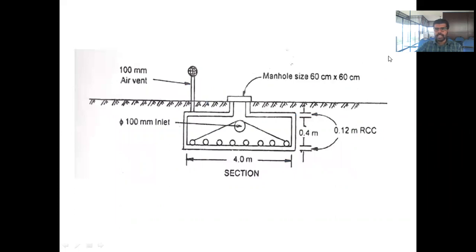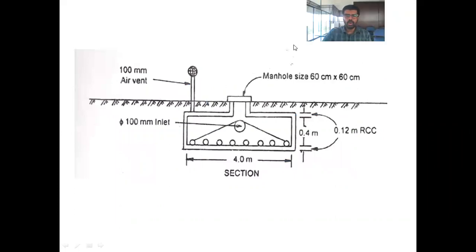So this is why we are using a dispersion trench. If the effluent or wastewater is in a huge quantity, it is very difficult in a practical sense to store it in a soak pit.